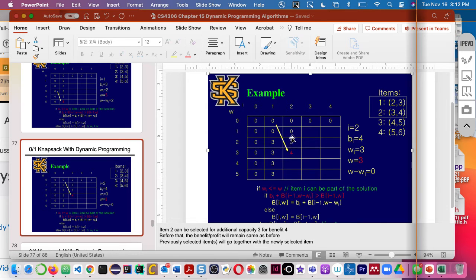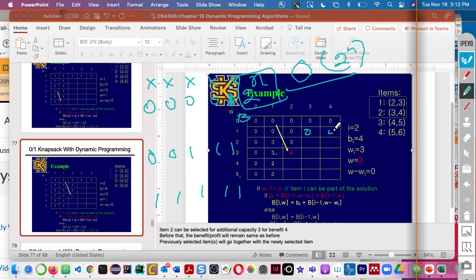And all the previous values will be, if you select item 2, then it's 3, right? So this 3 came from here. And this is 0, so actually this cell will go all the way 0, this cell will go 0. This is 3, this is 3, like this.